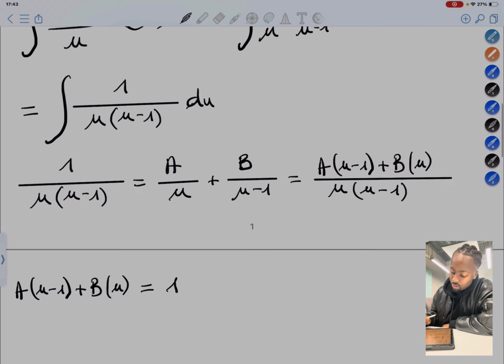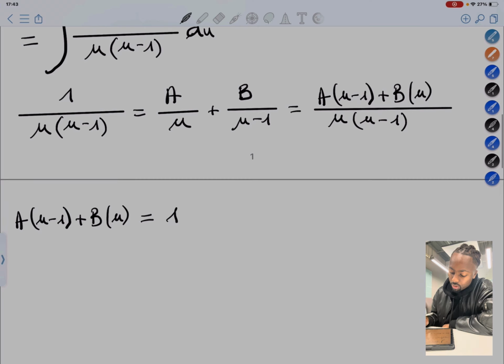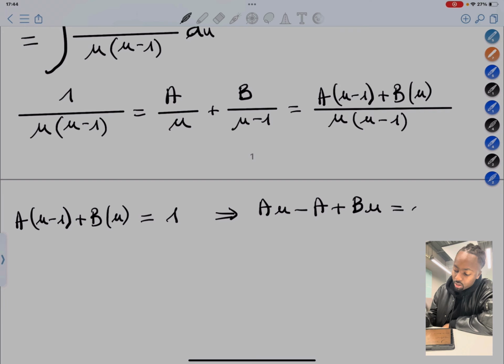Now what we're gonna do, we can expand the left hand side. So this implies we're gonna have au minus a, then we're gonna have plus bu is equal to 1.